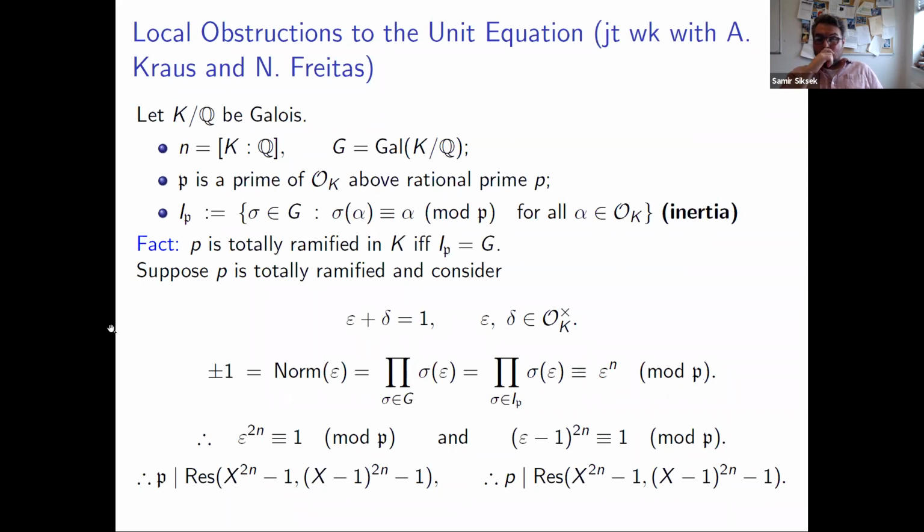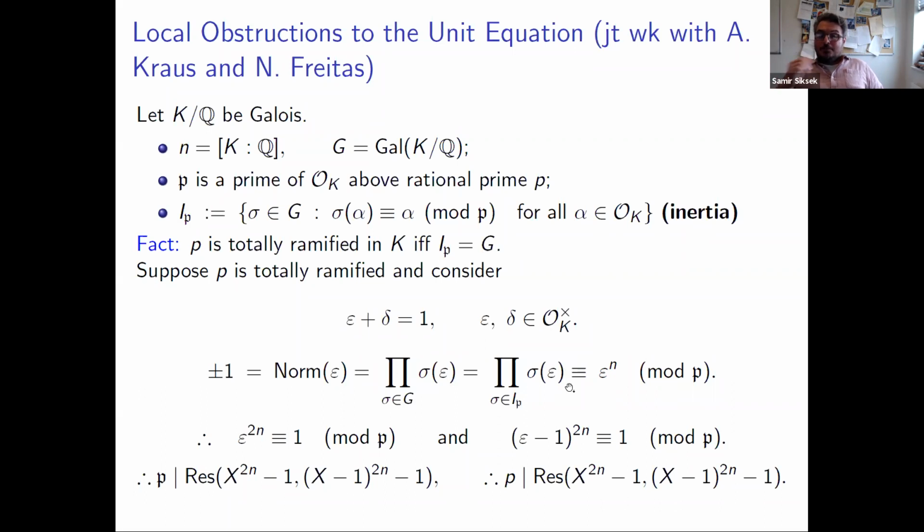So I'm going to assume now that my prime p is totally ramified, and suppose that I have a solution to the unit equation. Now I know that the norm of epsilon is plus or minus 1, but I can write it as a product of the conjugates. Instead of running through the elements of G, I can run through the elements of the inertia subgroup, because they're the same thing in the totally ramified case.